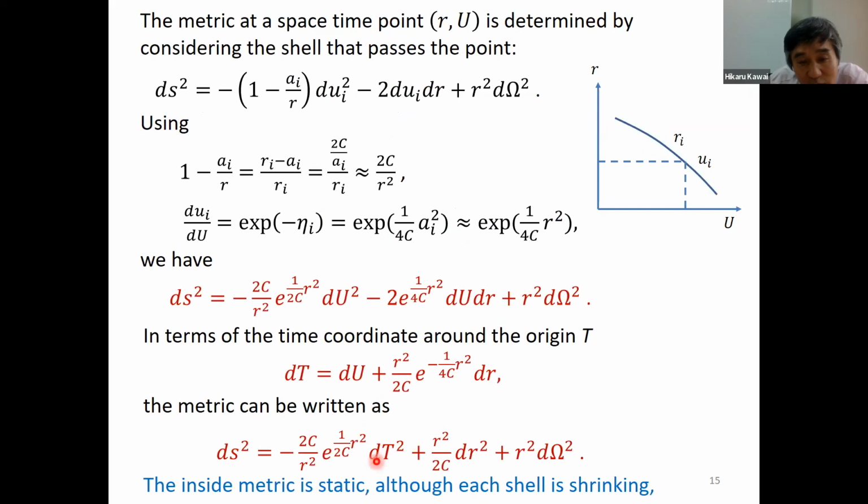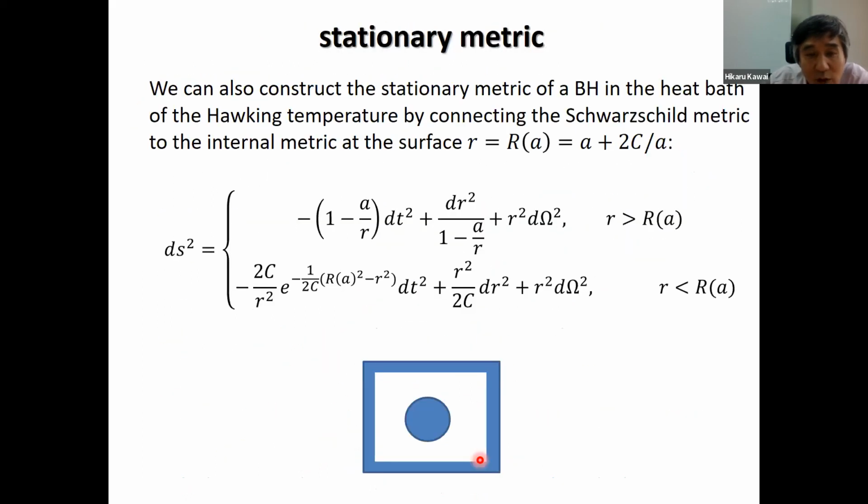So in this t-r coordinate, as we have seen, this is a static metric. Inside the object, we can use this metric. And also by changing the time to the time at infinity, we put this factor.